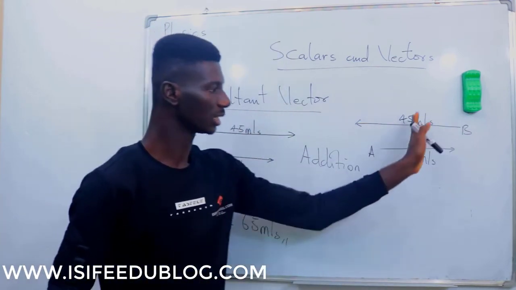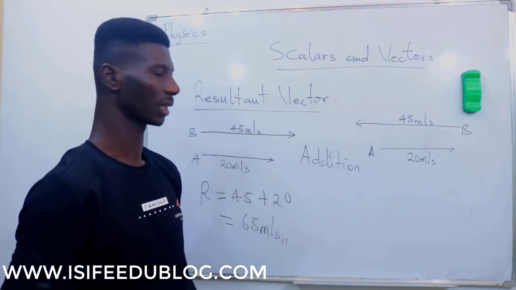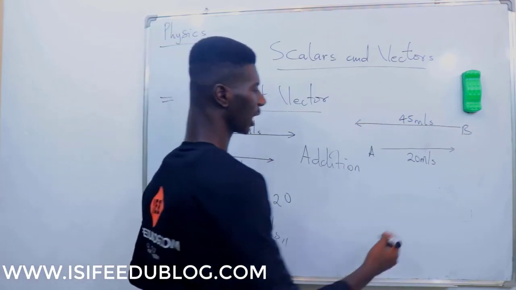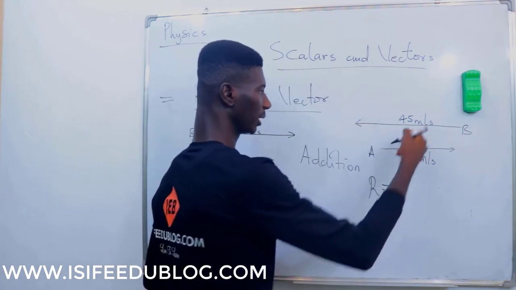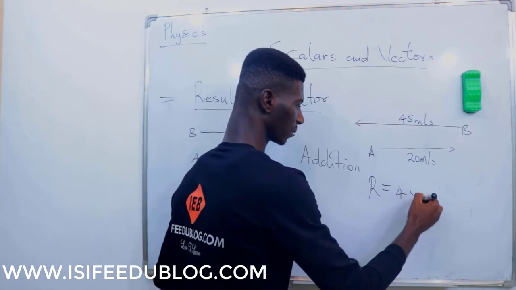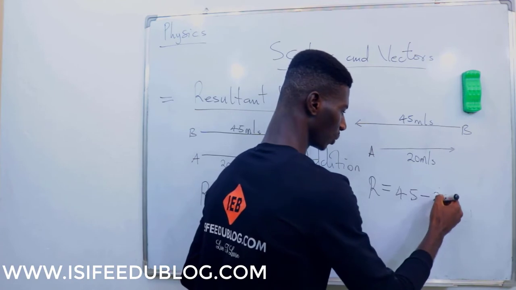In this case, these two vectors are moving in opposite directions with different magnitudes, acting at a particular point. Our resultant vector R will simply be the higher magnitude, which is 45, minus the smaller magnitude, which is 20.